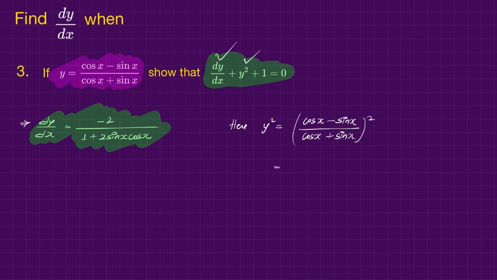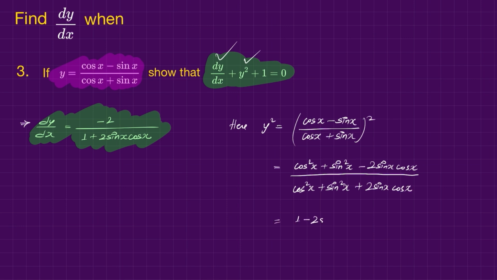If I simplify it, it will be cos square x plus sin square x minus 2 sin x cos x, whole divided by cos square x plus sin square x plus 2 sin x cos x. So it will be 1 minus 2 sin x cos x divided by 1 plus 2 sin x cos x. So this is the value of y square. Now we will add all the things here.